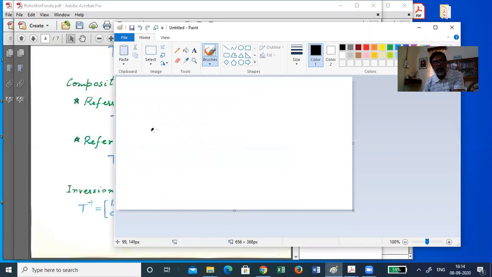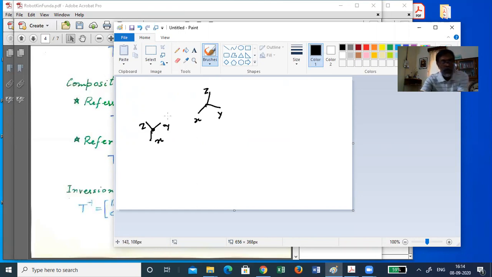Say we are here. This is a frame of reference. Now we rotate and translate and go to here. Okay. So this is X, this is Y, this is Z. Now we go, this is X, this is Y, this is Z. And the orientation has changed, the position has changed.